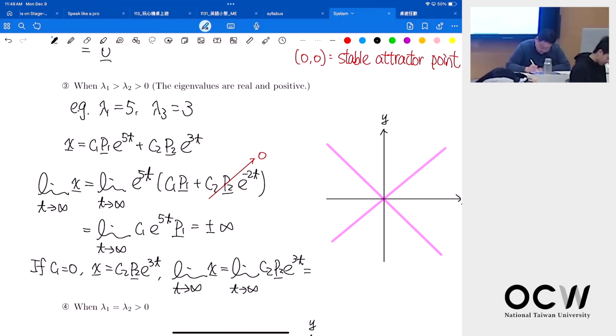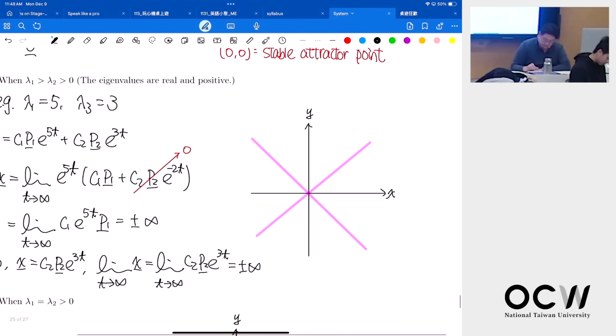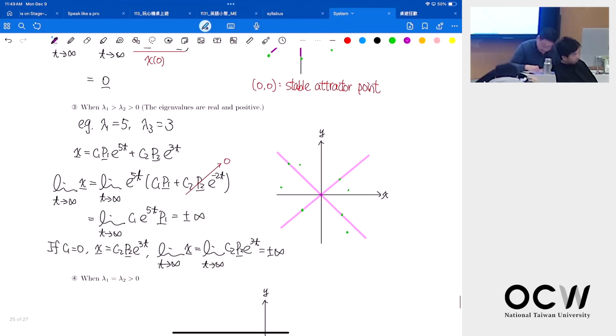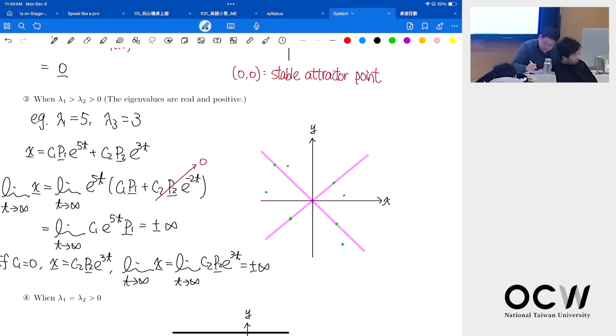So they will also go to infinity. In this case, your trajectory, first, this is still P1, here P2. Then they will go to infinity.